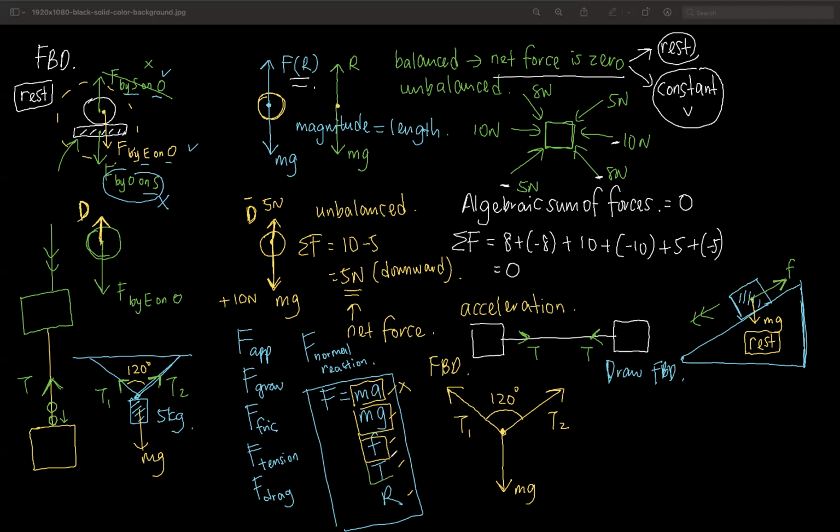And then tension, we don't have, so skip it. Reaction, is there any reaction? Yes, because it is resting on a surface, but this surface is sloping. On a flat surface, your reaction is vertical because it has to be 90 degrees to the surface.